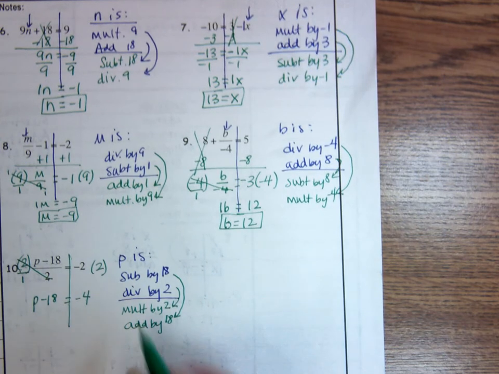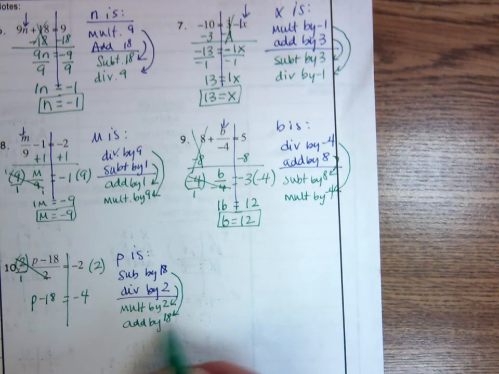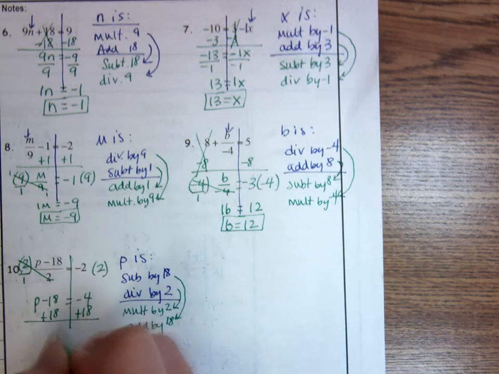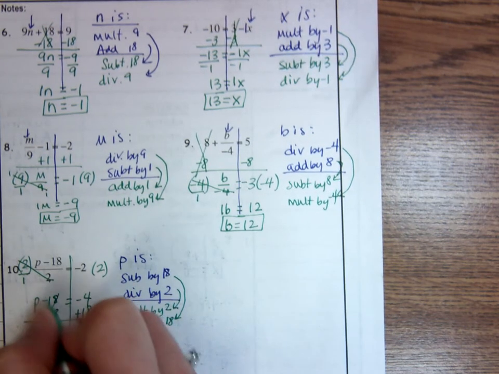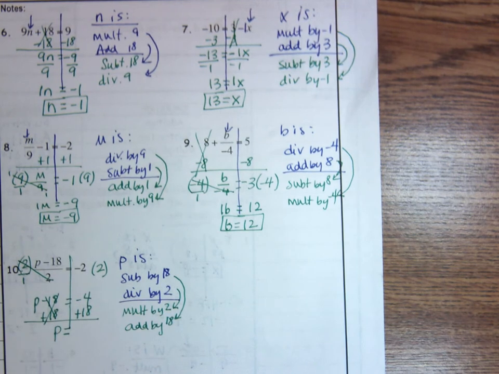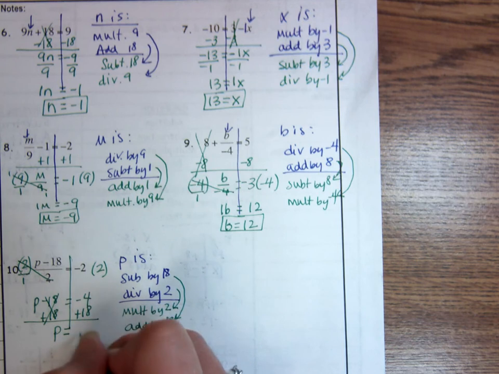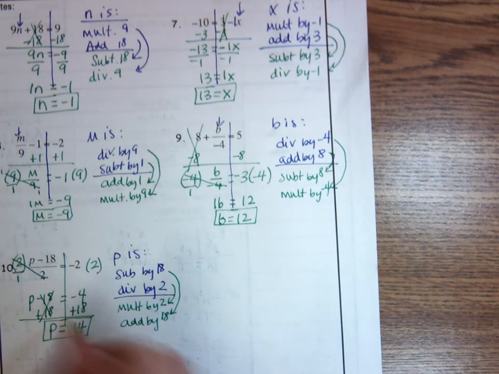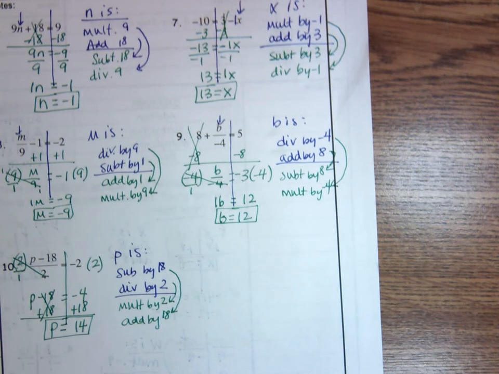So we've multiplied by the 2, now we're going to add by 18. And if we add by 18, we end up canceling out the 18 and the negative 18 because it's a 0. And on the right side, they're different signs, so we subtract the numbers and take the higher sign. And so p is equal to 14. And of course, you can check it to make sure that you are doing the right thing.